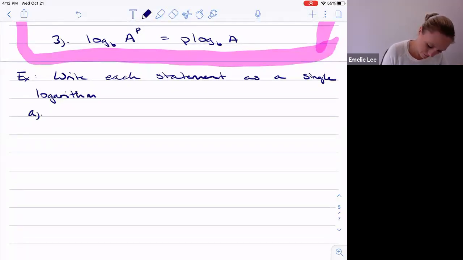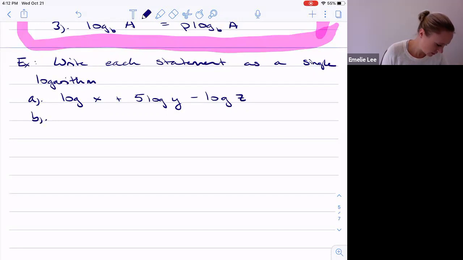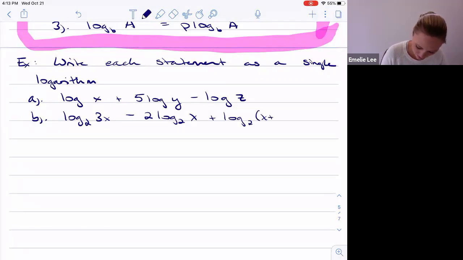First one: the log of x plus 5 log y minus the log of z. Second one: log base 2 of 3x minus 2 log base 2 of x plus log base 2 of x plus 3.